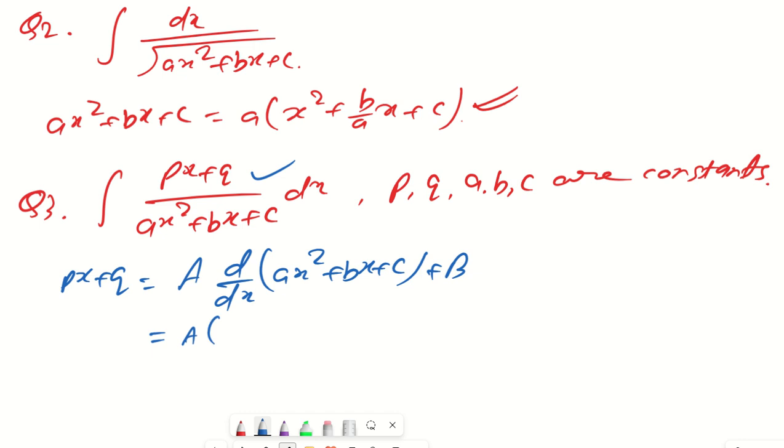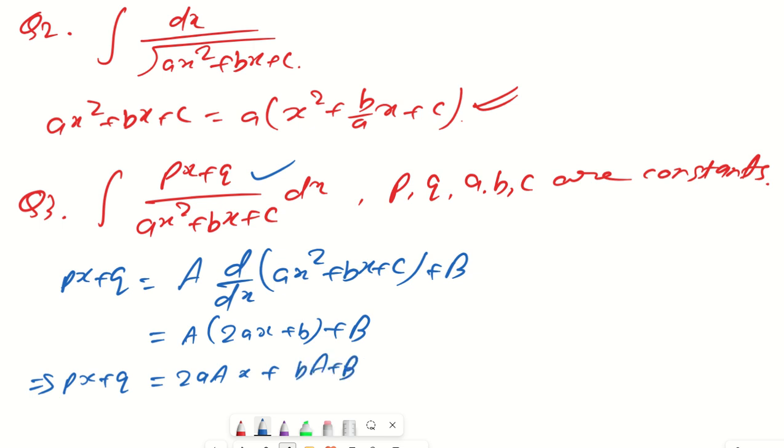A times this will become 2ax plus b, plus some constant B. Now if you try to solve another time, px plus q is going to be, let's say, x terms and constant terms we will take out, so 2aA into x plus bA plus B. As you can see, on both sides this term is constant, this term is constant, then this term is with x, this term is with x.